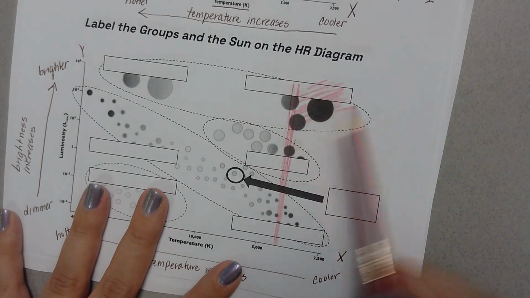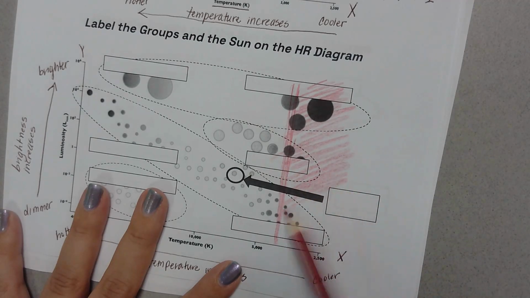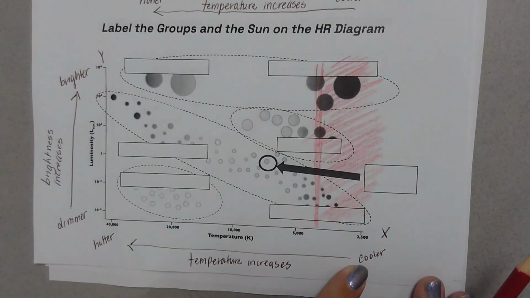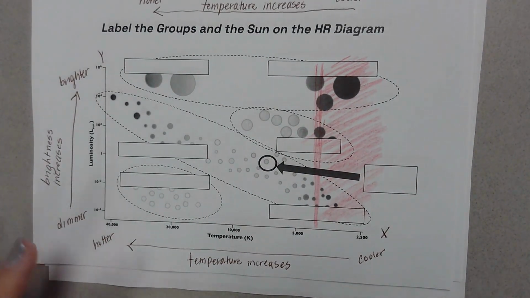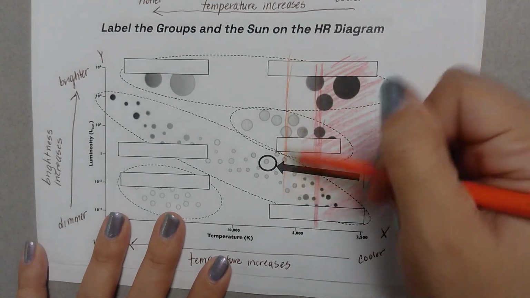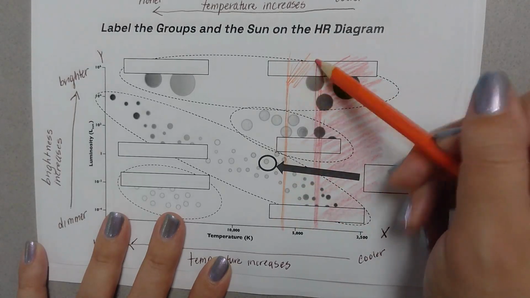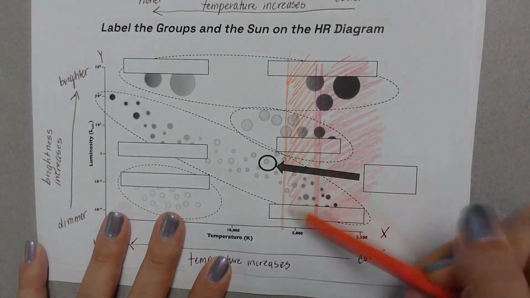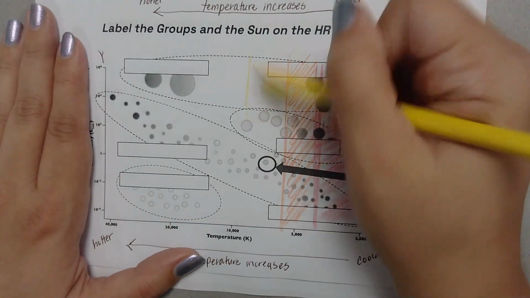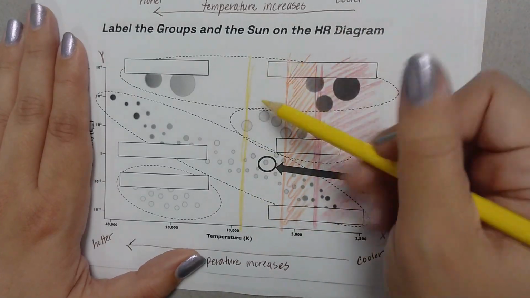sketch in your colors. So down here on our coolest side, we have red, and that's really interesting. We'll talk about it. After red, our slightly warmer stars are orange. After orange, our slightly warmer stars are yellow.